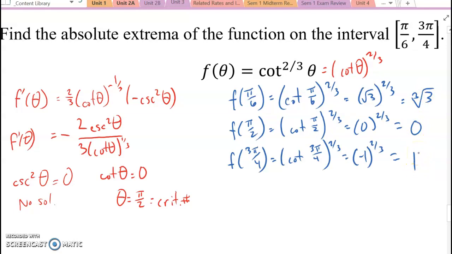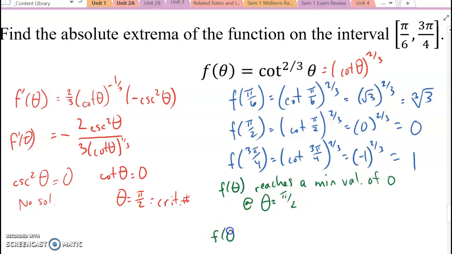So as far as minimums are concerned, we know for sure that f of theta reaches a minimum value of 0 at theta equals pi over 2. And then f of theta must reach a maximum, so it reaches a maximum value of either 1 or the cube root of 3.